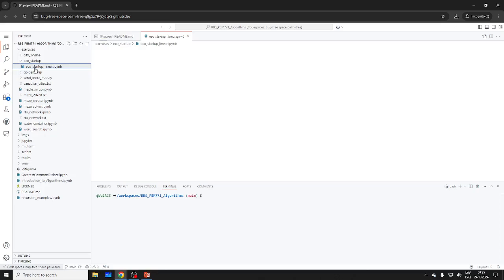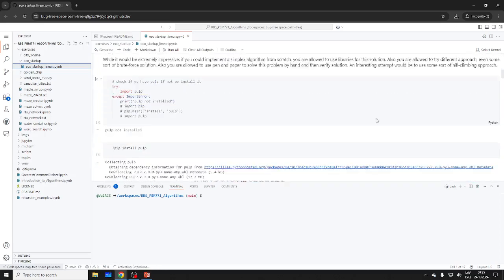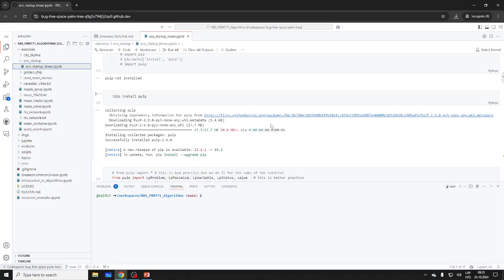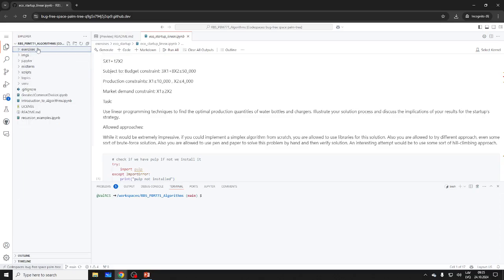So the question is now, do I still have PuLP installed? I think I installed PuLP, which was a linear programmer. Yeah, I do have PuLP. So let's do this linear programmer.